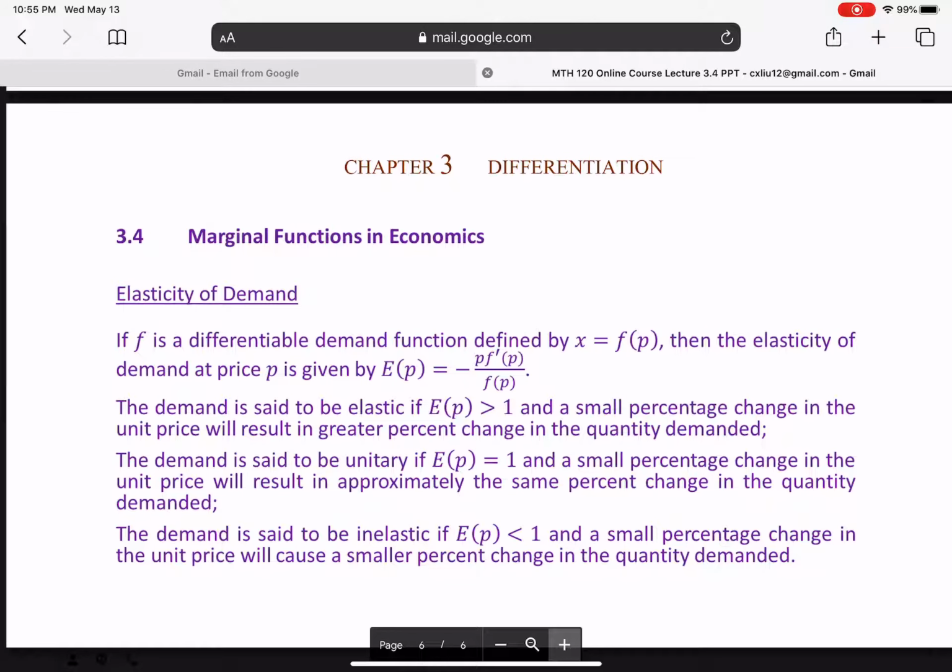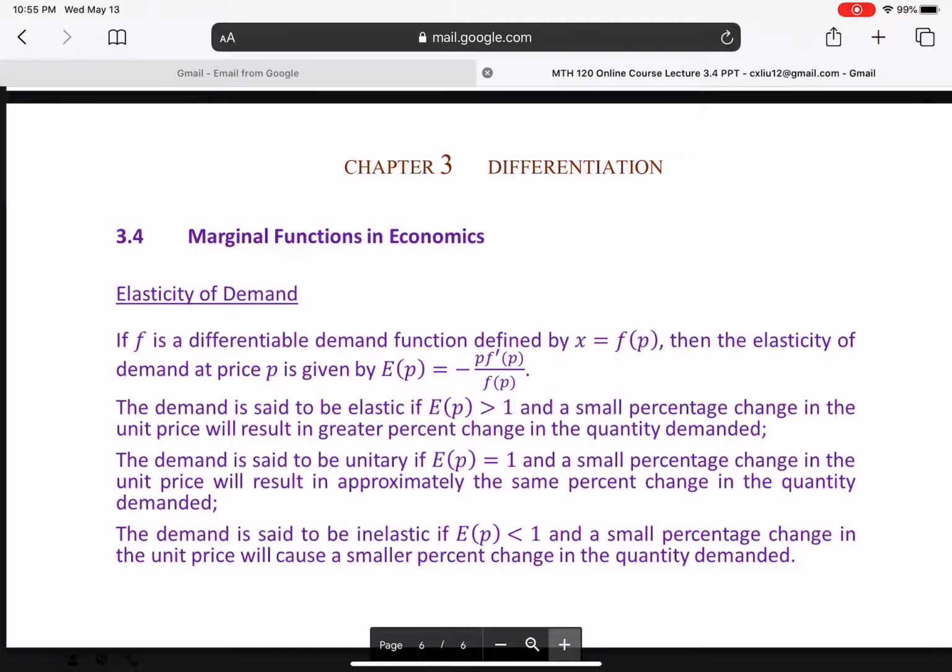So if f is a differentiable demand function defined by x equal to f of p, so this is the demand function we talked about before, but we are writing the demand as a function of price instead of price as a function of demand as we did before. Then the elasticity of demand at price p is given by E of p equals negative p times f prime of p over f of p.